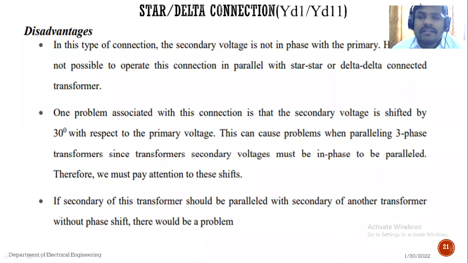There is some phase displacement, that is, an angle of displacement, whether plus 30 degrees or minus 30 degrees, meaning leading or lagging. Hence, it is not possible to operate this connection in parallel with a star star or delta delta connected transformer. Suppose I want to operate this type of transformer in parallel with a star star and delta delta system.